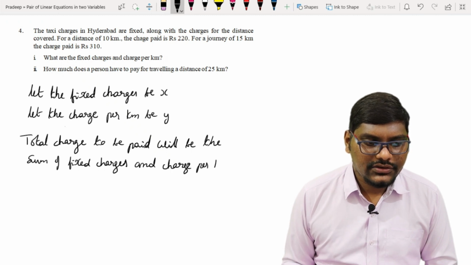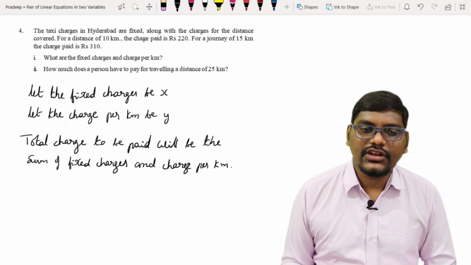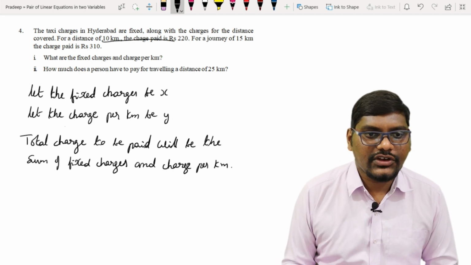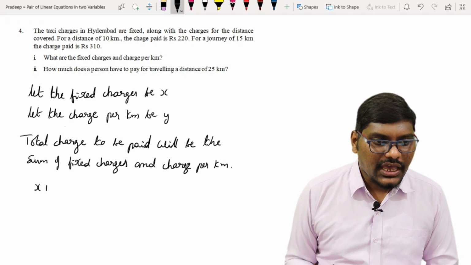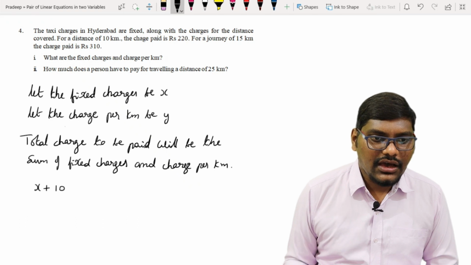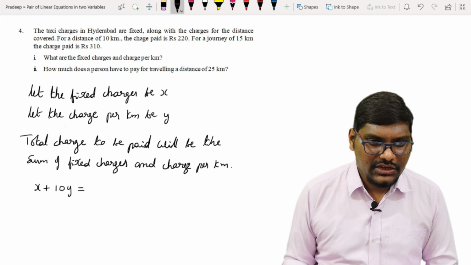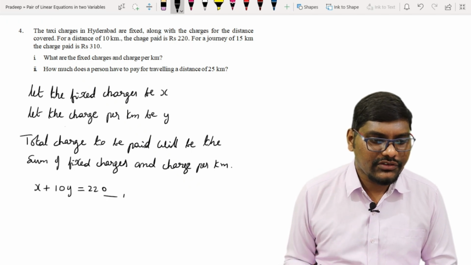So the total charge means the fixed charges and also the charge as the number of kilometers increases. So first, for 10 kilometers it was 220, so fixed charges is x, and per kilometer we take y, so x plus 10y equal to rupees 220. So this is the first equation.